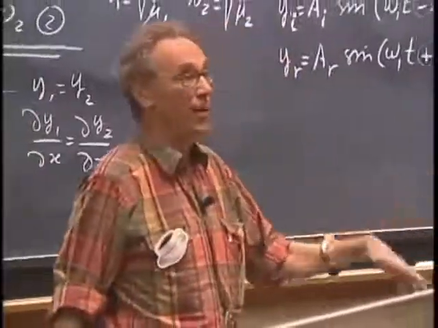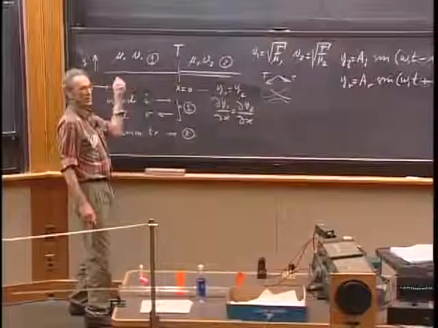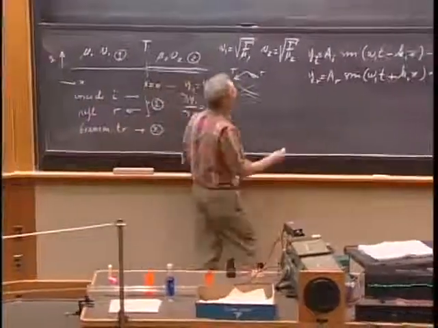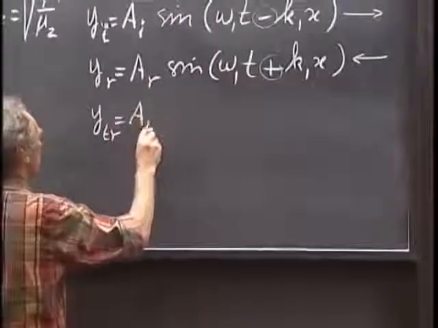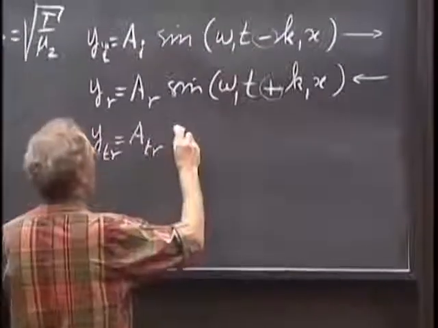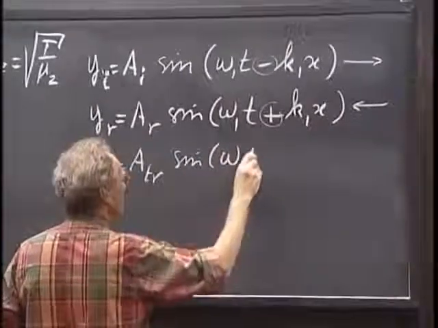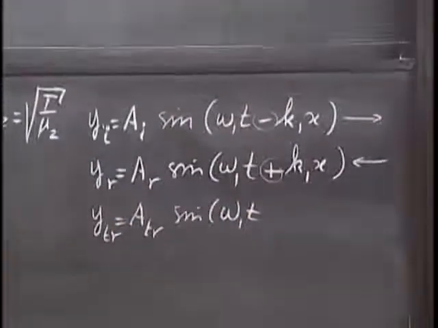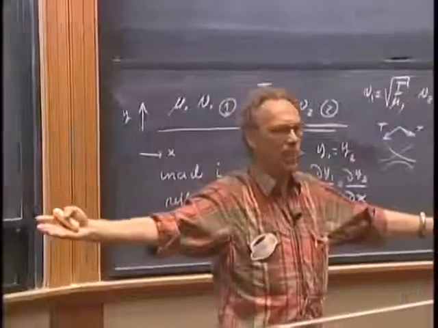The k is 2 pi over lambda, and that wavelength is not going to change for this wave as it is for this one. And so now the transmitted one is amplitude transmitted times the sine of the same omega, because if this junction shakes up and down with frequency omega, that's the same for both media.